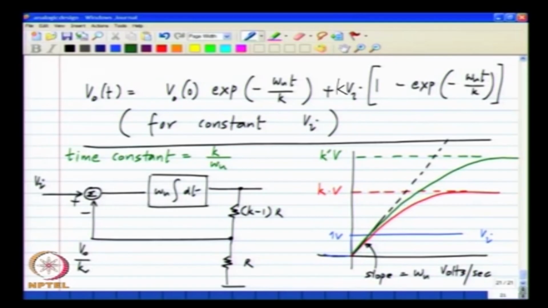So, it has to increase to a larger value of the output, that is why it takes a longer time. That is the reason why the time constant is also proportional to the gain k. For a higher value of k, you have to reach a higher voltage and you always start with the same slope. So, it takes a longer time to reach the higher voltage. That is an intuitive explanation for why the time constant is higher when you try to make an amplifier with a higher gain.